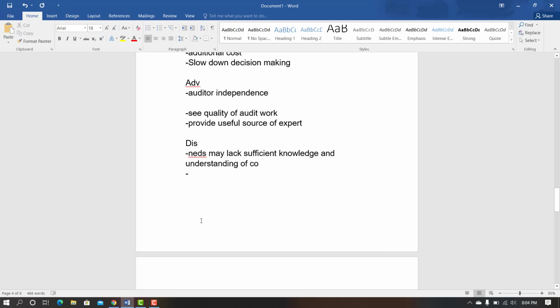And another thing is adding a layer of communication. Due to adding the layer of communications, it may add cost and also slow down things.